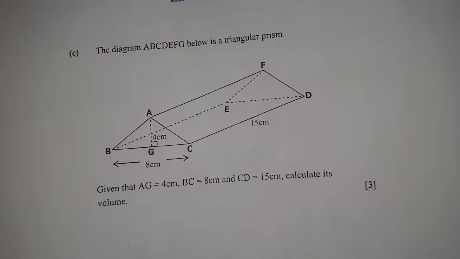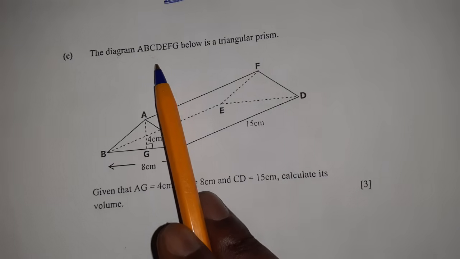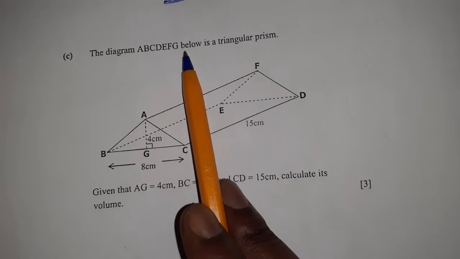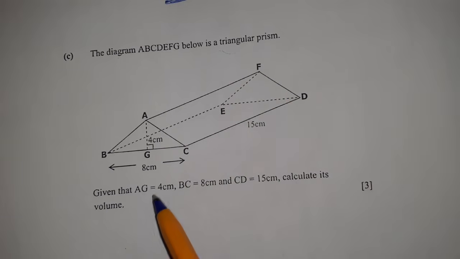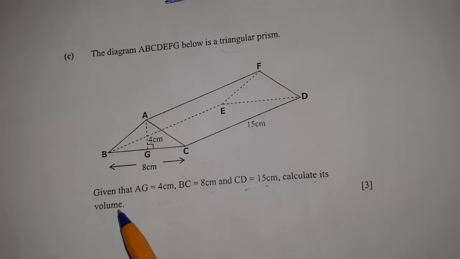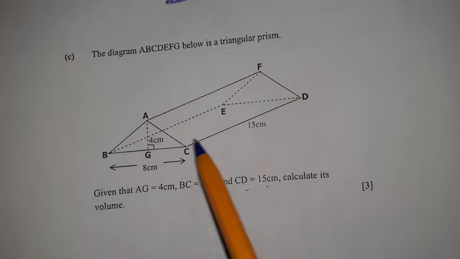Then we have another question here. The diagram ABCDEFG below is a triangular prism, which is this one. Given these measurements, calculate its volume. Just as we can see everything here.